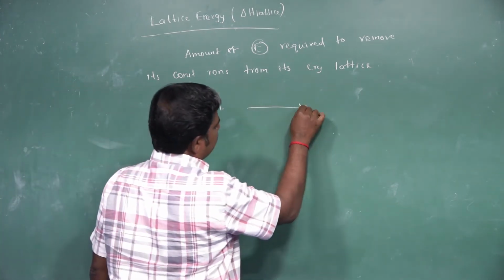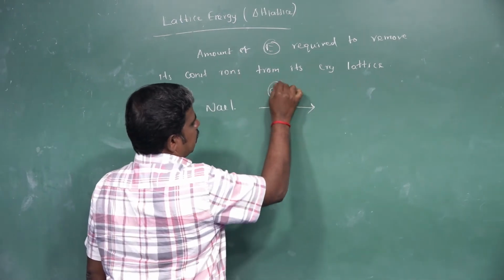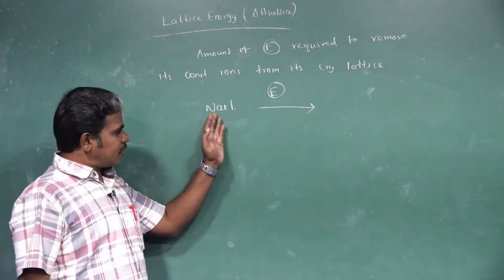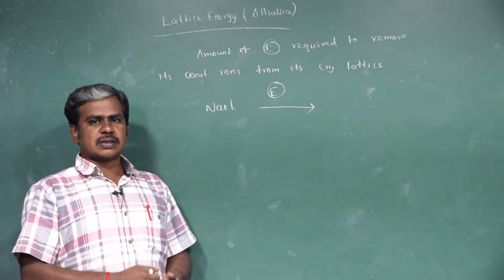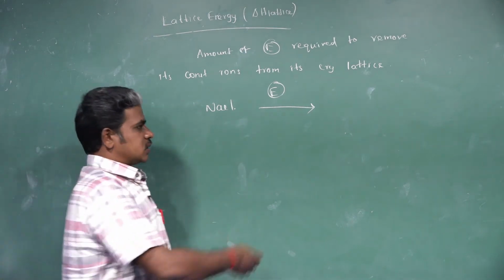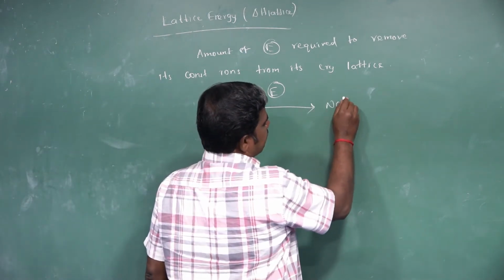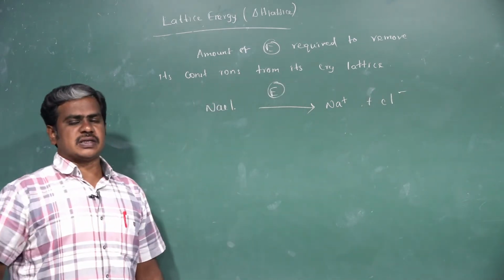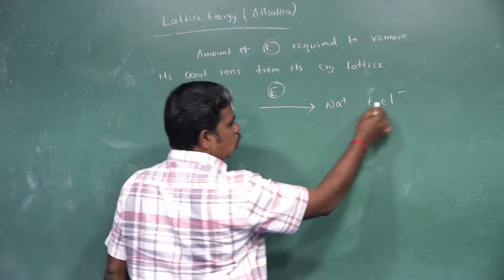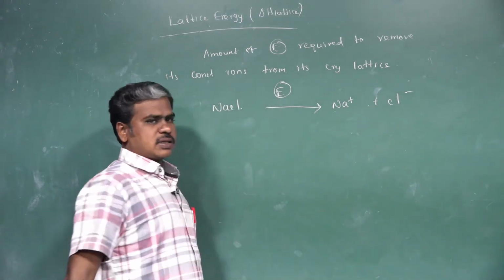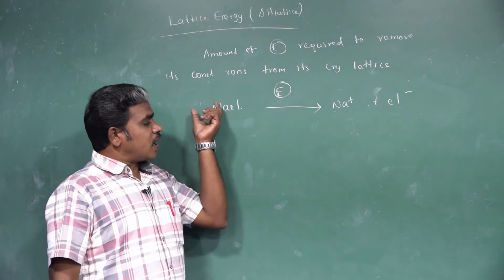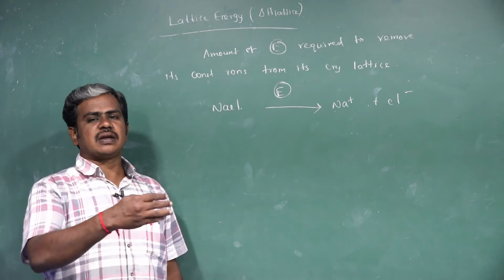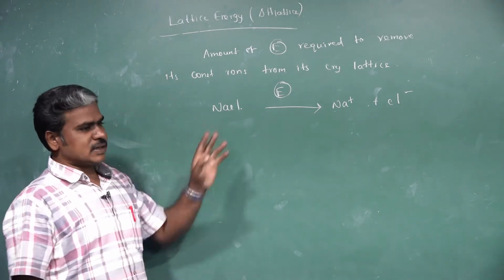The amount of energy required to split the NaCl molecule in the crystal into its constituent ions, Na plus and Cl minus at infinite distance, so that there is no interaction between Na plus and Cl minus, is known as lattice energy.